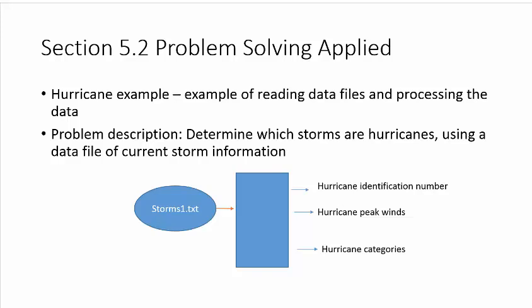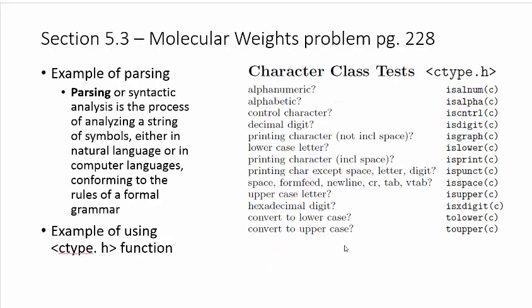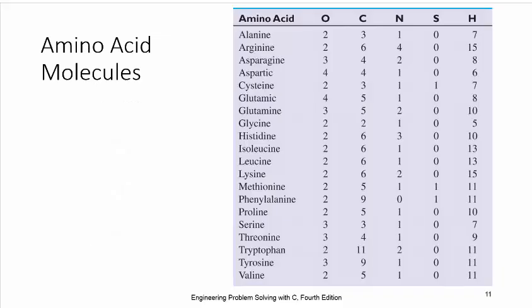The second example that I'm going to go over is a little harder. It's in section 5.3, the molecular weights problem. In this particular problem, the program is going to ask the user to enter the chemical formula for one of the amino acids.